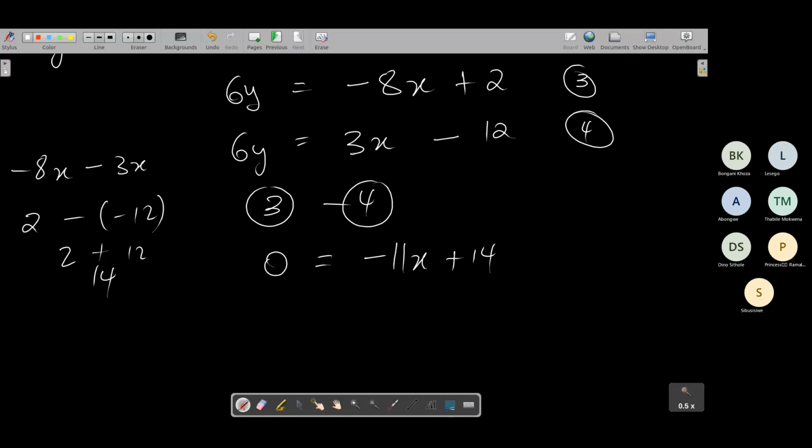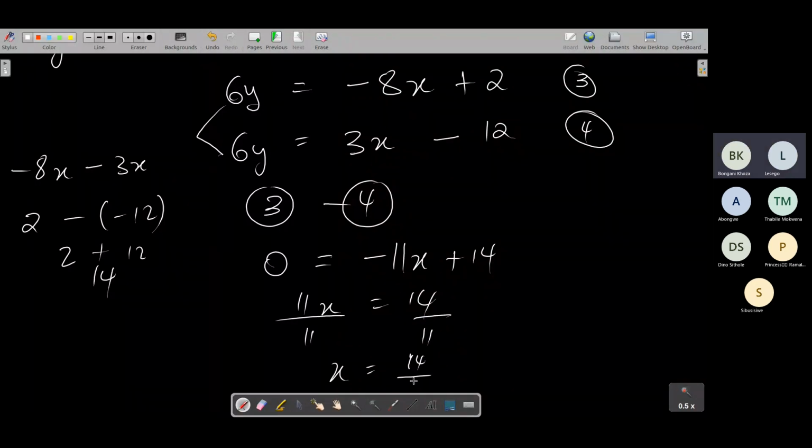No, 0. 6 minus 6 is equal to 0. So 14 over 11, that's the final answer, right? We take 11 this side, equals to 14, divide by 11, divide by 11. So your x value is equal to 14 over 11. Right, so that's your x value.